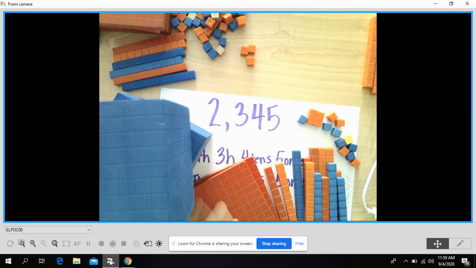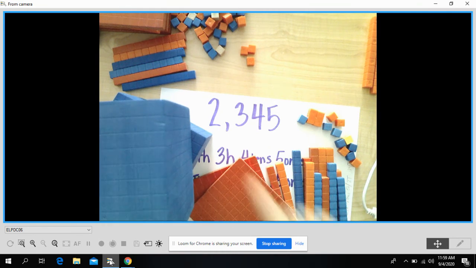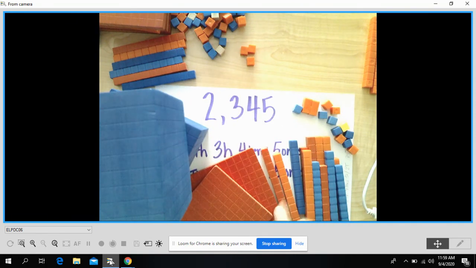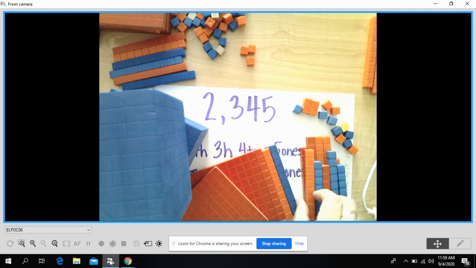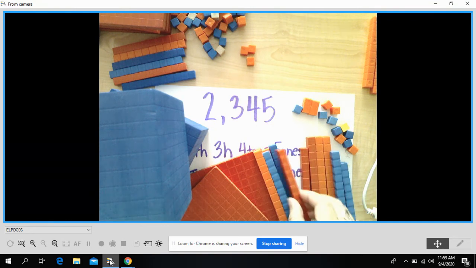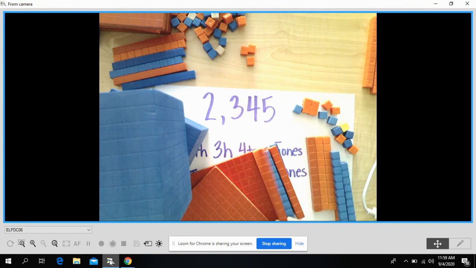And we've got some major counting to do, so hang in there with me. 1,000, 2,000, 2,100, 2,200, 2,210, 20, 30, 40, 50, 60, 70, 80, 90, 100.